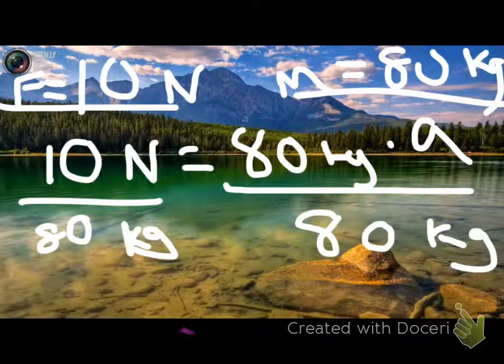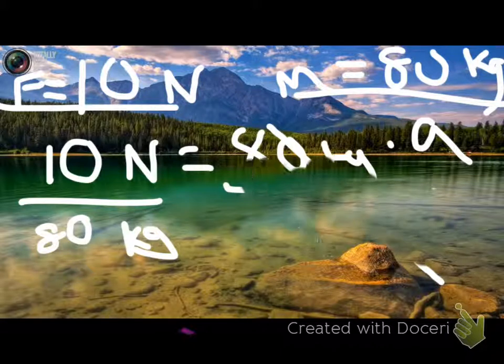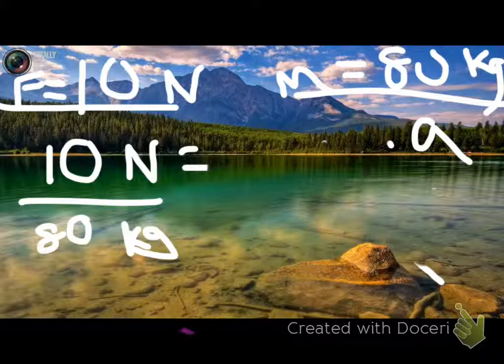If we divide both sides by 80 kilograms, just to keep that scale balanced, so this side of the scale is balanced with this side, and that's what we need for that equal sign to be true. You can just think, hey, I'm going to cancel these out, meaning 80 kilograms divided by 80 kilograms is the same thing as writing 1 times A, because anything divided by itself gives us a nice, clean 1. And if we have 1 times a variable, that's the same thing as just writing A. So I'm going to move it a little closer so it's a little clearer.